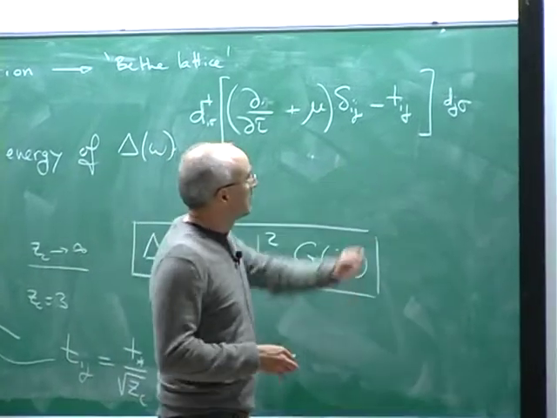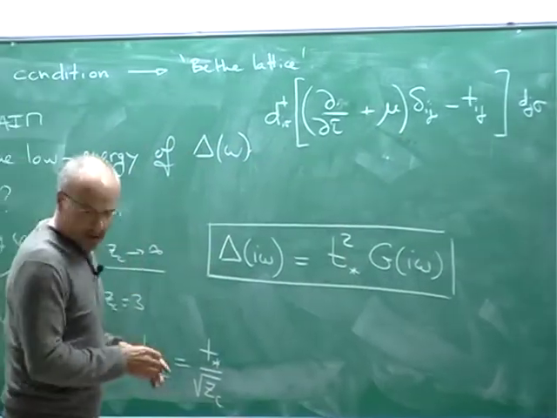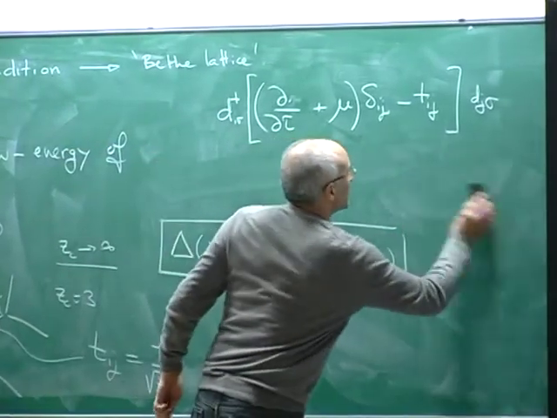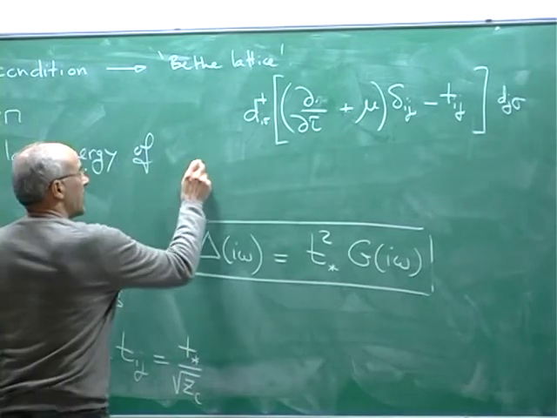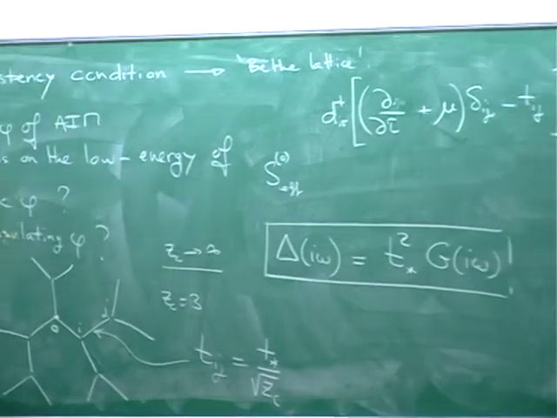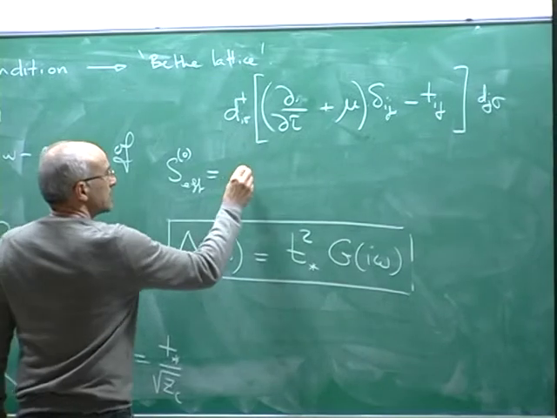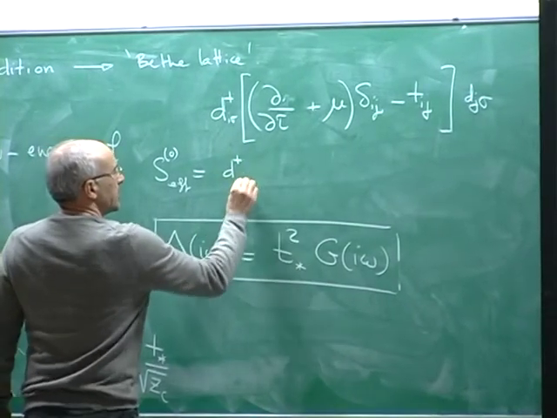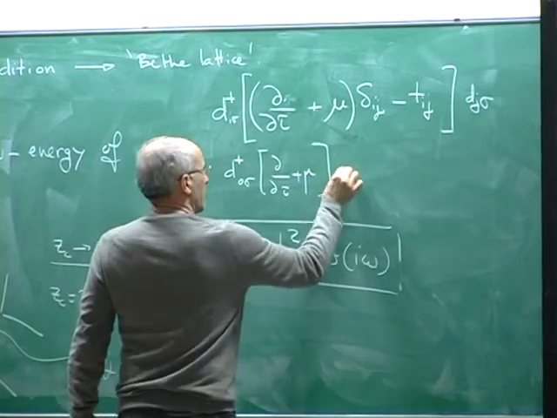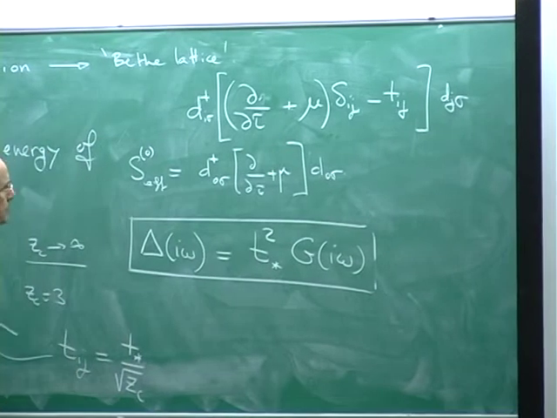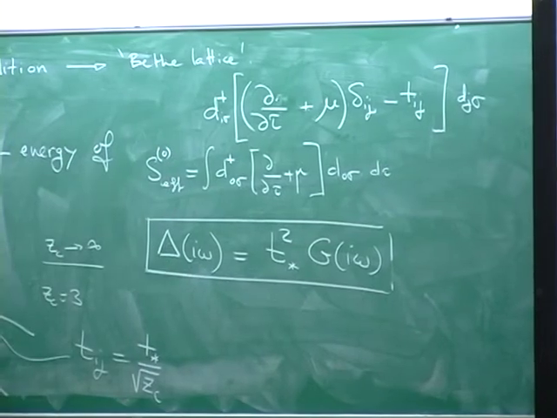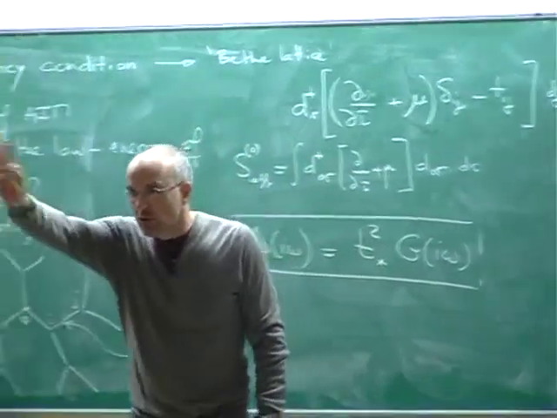You see that in this case, my effective action for that specific site 0, which is at the center, is equal to a local part, which is just the one here. There is an integral d tau, of course, and so on. And then all the other terms, there is no U here, I'm just doing tight binding.